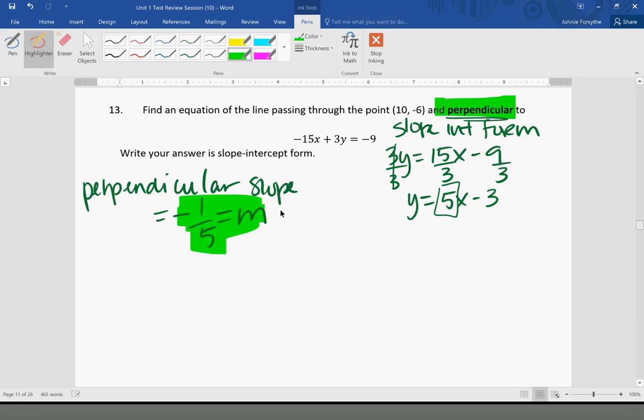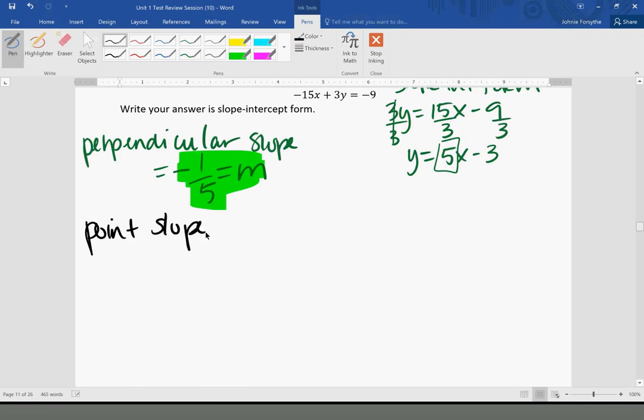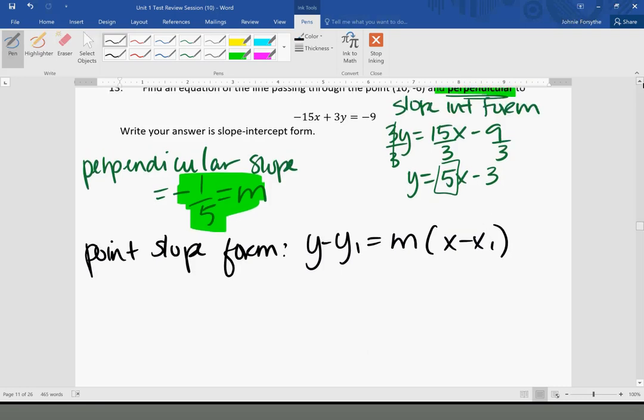Negative 1 over 5, okay? So now, point slope form is y minus y1 equals m times x minus x1.